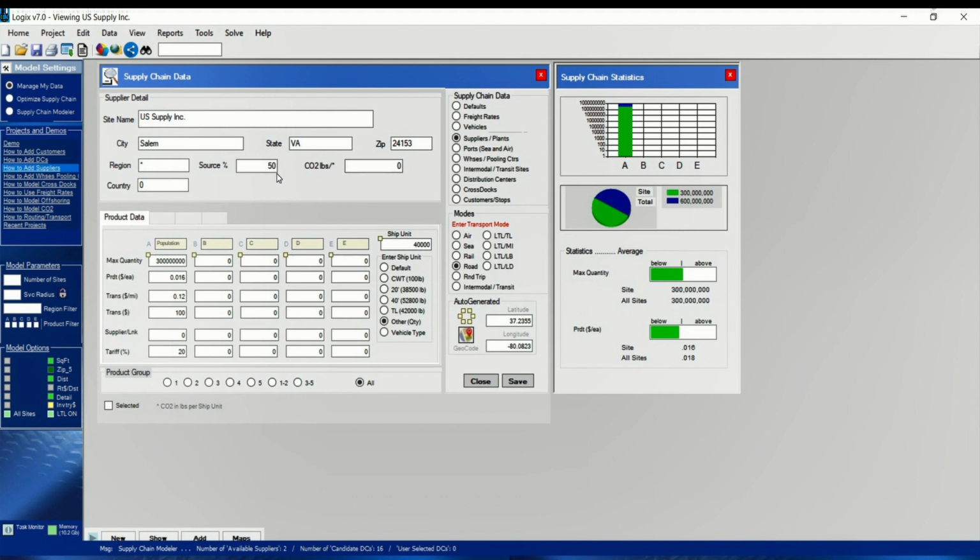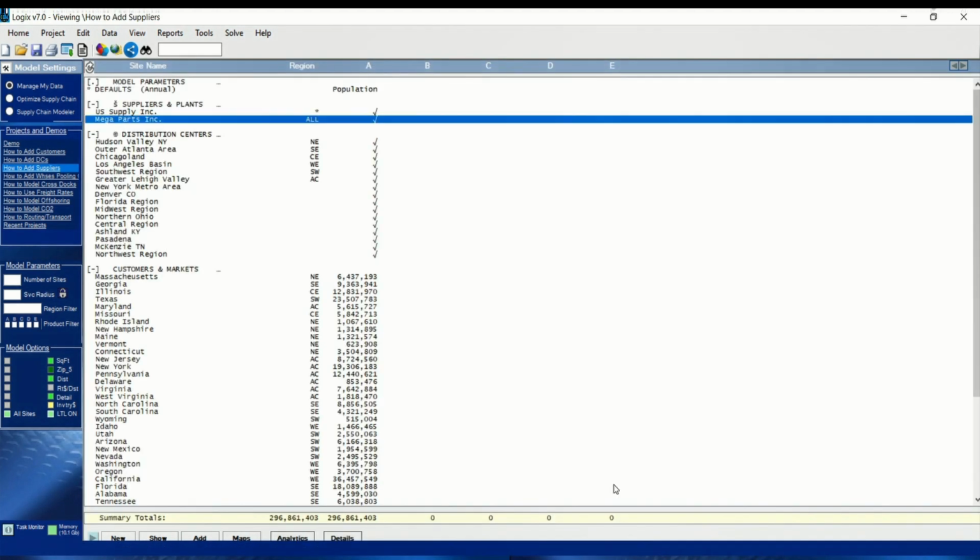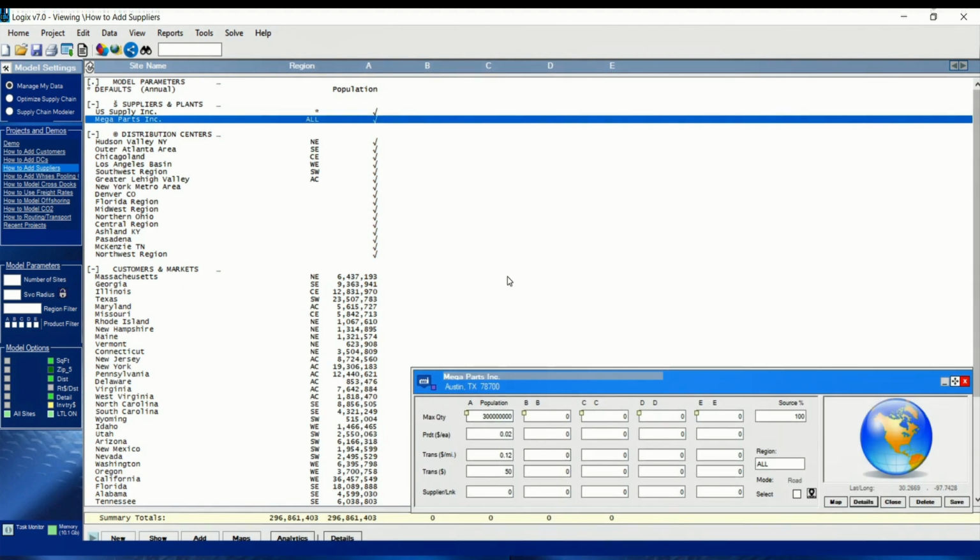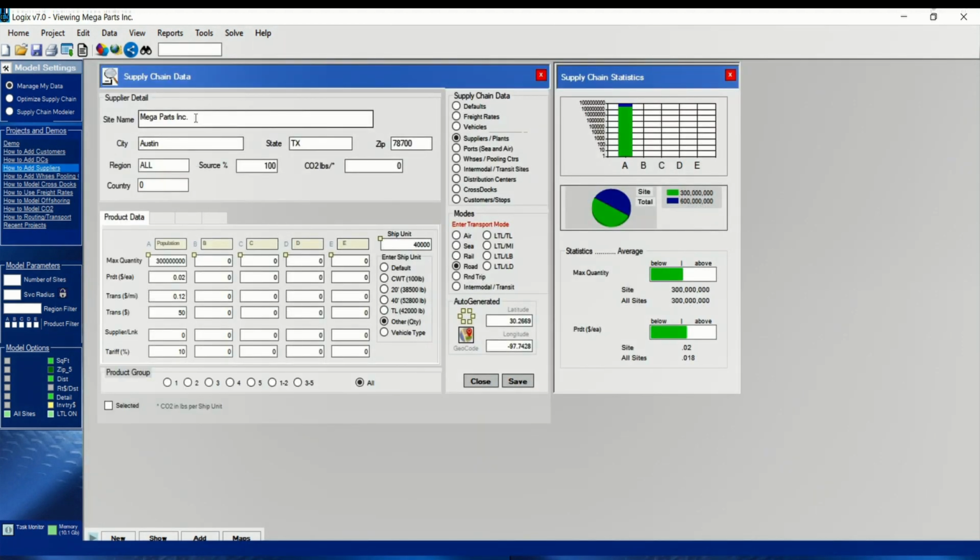Our source percentage, if we recall, is 50% for US Supply based in Salem, Virginia. Similarly, we can take a look at Megaparts, source percentage of 100%, maximum quantity throughput or manufacturing. Product cost is 2 cents per product. And again, we have our transportation rates represented here and our ship units here.